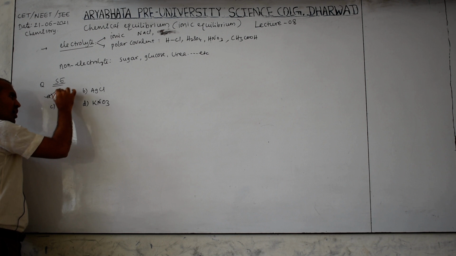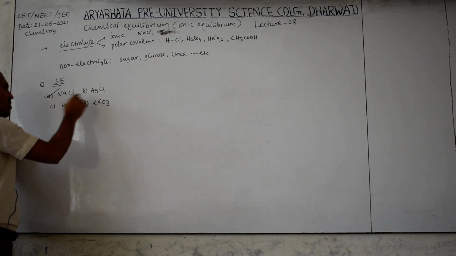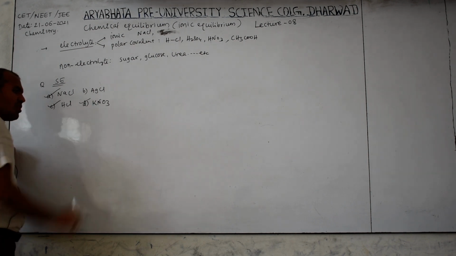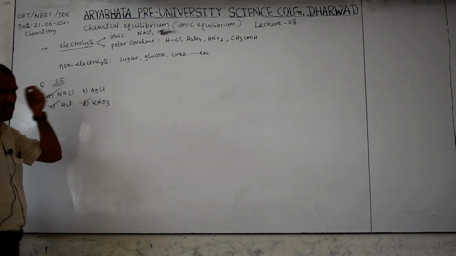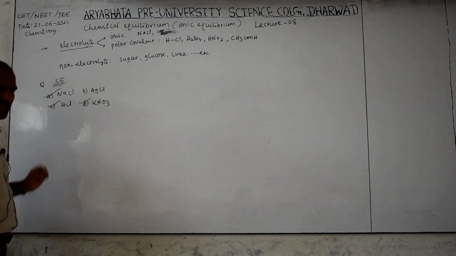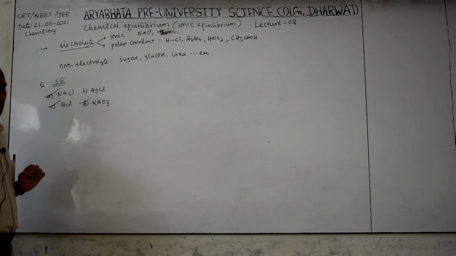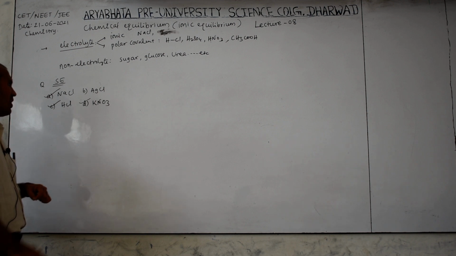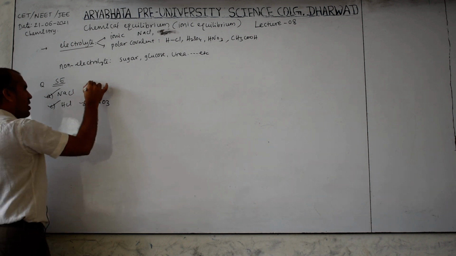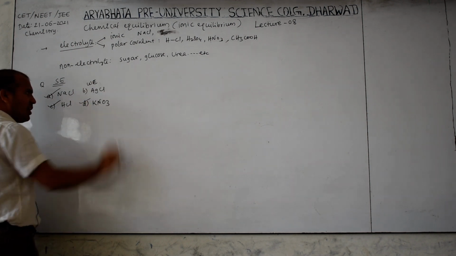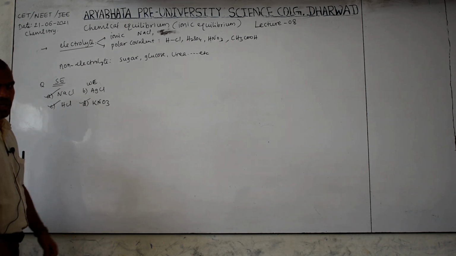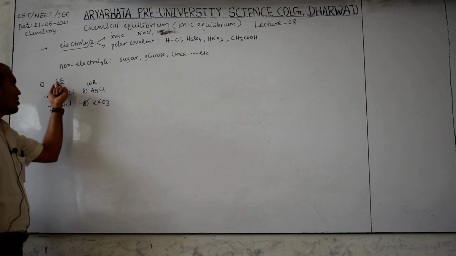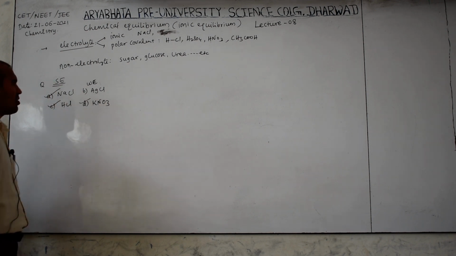NaCl is a completely ionized salt, HCl is also completely ionized in aqueous solution, and KNO3 is also a completely ionized salt. AgCl is also a salt, but it is a sparingly soluble salt, it forms a precipitate, as you know from salt analysis. Therefore it is not completely ionized in water, so it is weak. These are strong electrolytes, and this is a weak electrolyte.